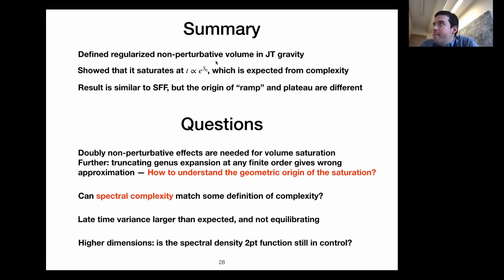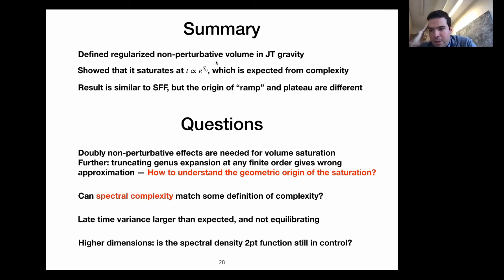So you can likely make this growing period long and the plateau large without large N by just considering a large system, because these things scale with the volume and they will appear in this time scale and this value. So that's a good point, but one way of getting it is having large N, but it's not an exclusive way.